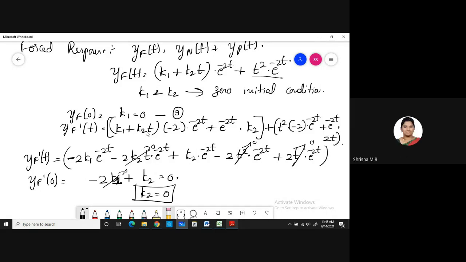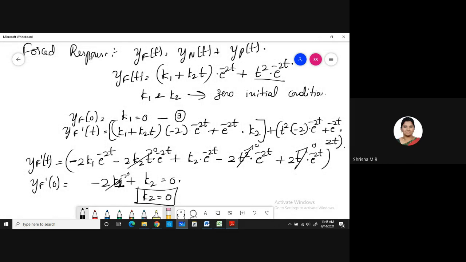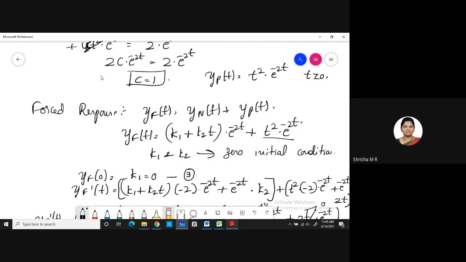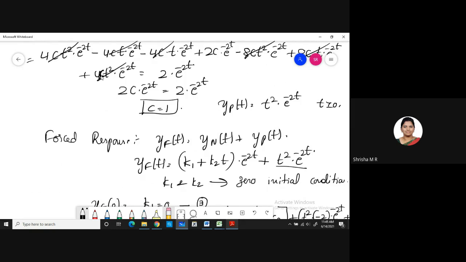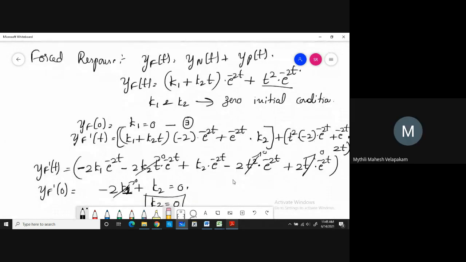We are doing the first part only still. When you're finding the forced response, K1 and K2 you have to assume 0 initial conditions. When you're finding the natural response, that time you have to assume the given initial conditions. Got it? Okay, ma'am.